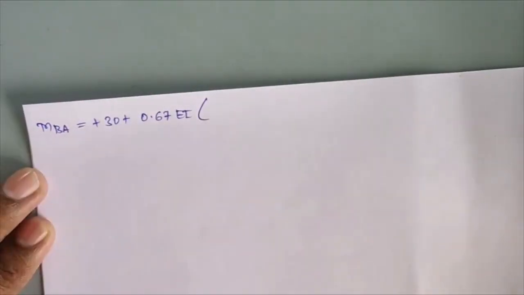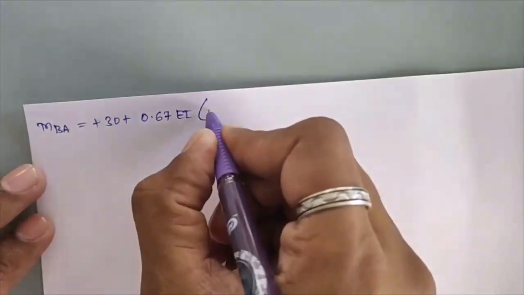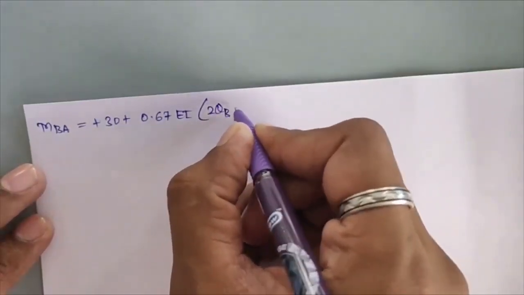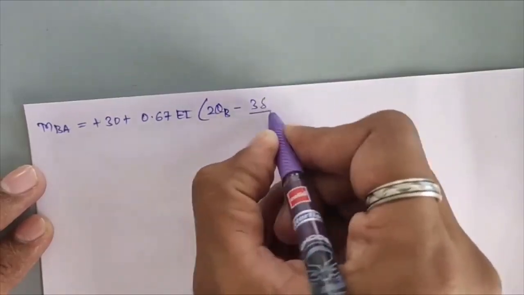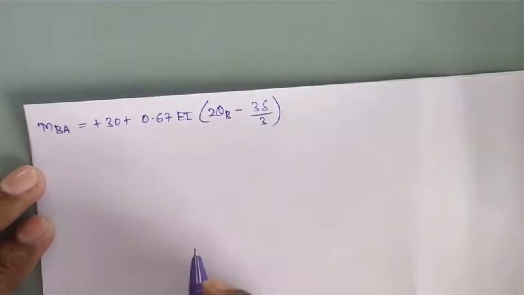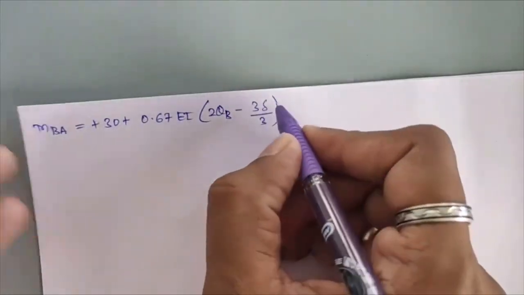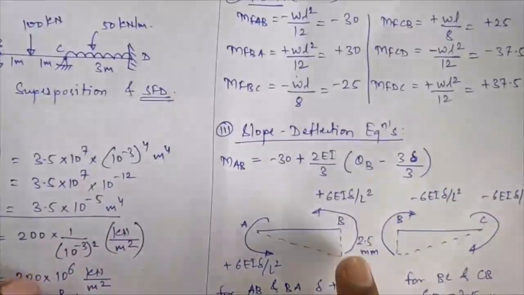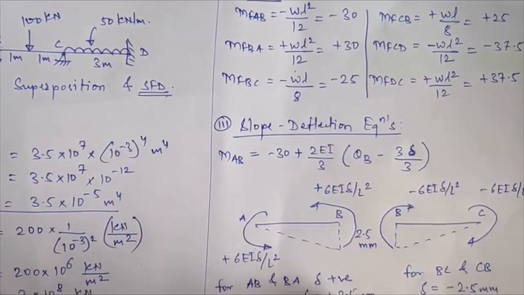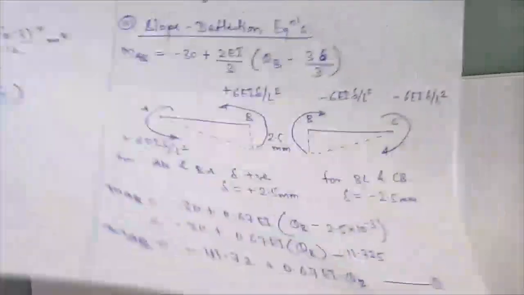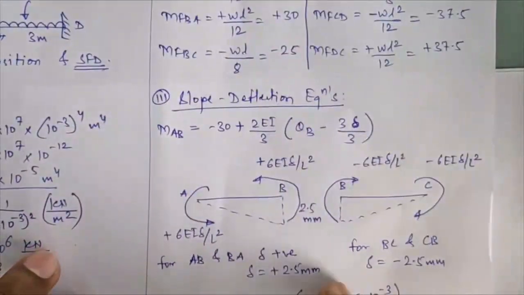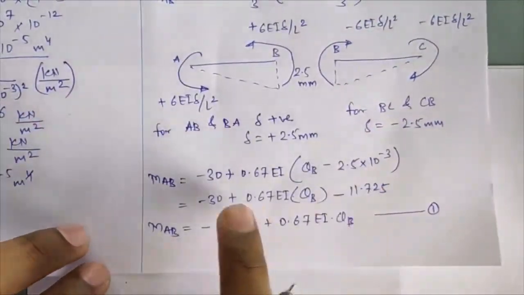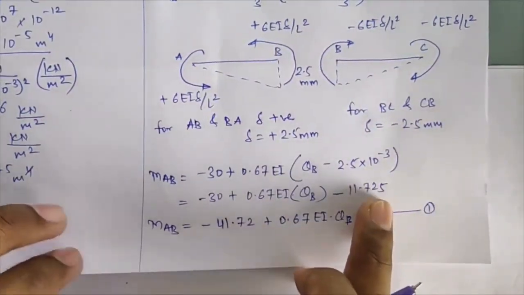Now your near end is B, far end will be A, so I get this as 2 times theta B minus 3 delta upon L, which is again 3. This delta will remain positive here, so for BA also we have to treat that as positive, 2.5 mm. So whatever value we have calculated, that is 2.5 into 10 raised to minus 3 multiplied by 0.67 EI, will remain the same.